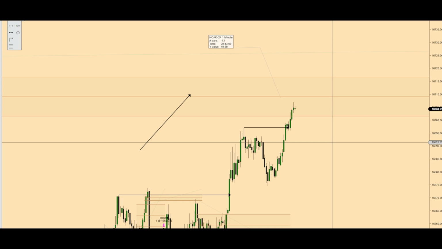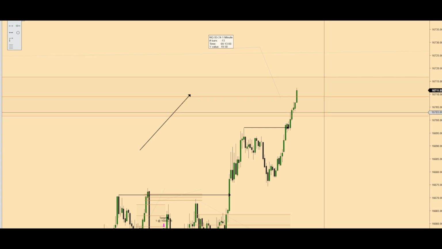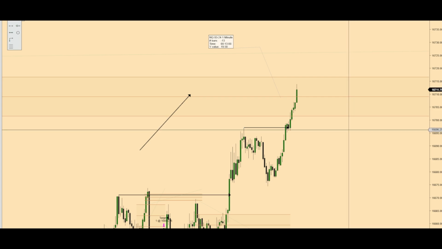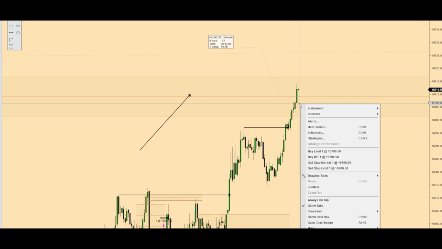For a reversal. Coming into the 50. So let's see.